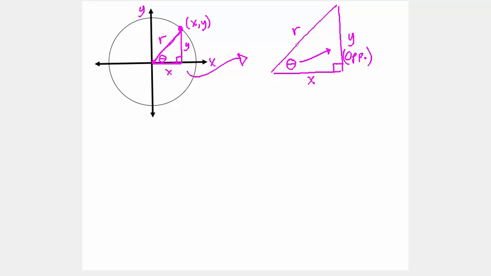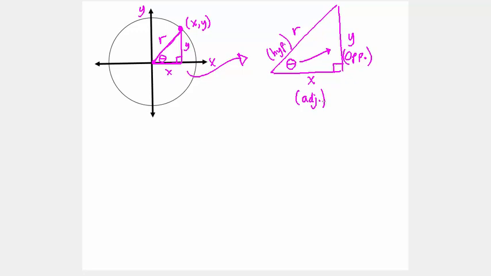The side length labeled R, of course, if you recall where that came from, is across from the right angle, that's our hypotenuse. I'm going to label that HYP for hypotenuse. And then the other side that's not labeled yet, the bottom, where I have X labeled, since that is touching the angle, but it's not the hypotenuse and it's not the opposite, we're going to call that the adjacent side.